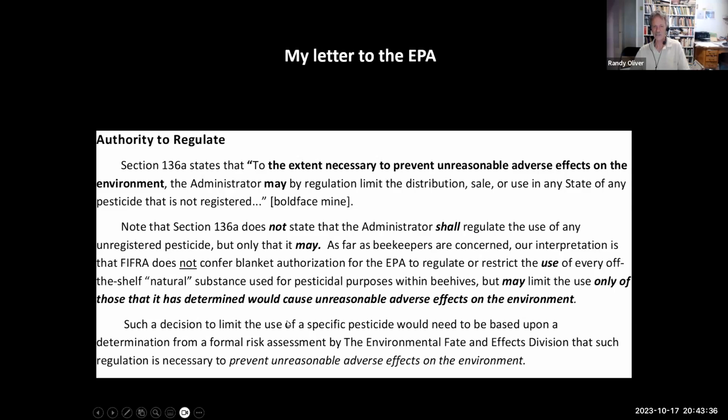Such a decision to limit the use of a specific pesticide would need to be based upon the determination from a formal risk assessment by the Environmental Fate and Effects Division of the agency. And I asked them for a copy of that formal risk assessment, which I knew they would not have. That was in July. Didn't get any answer at all.